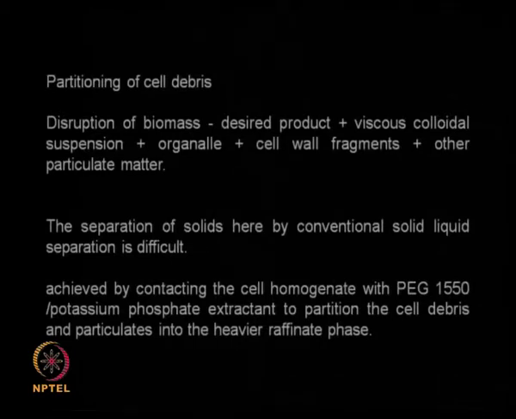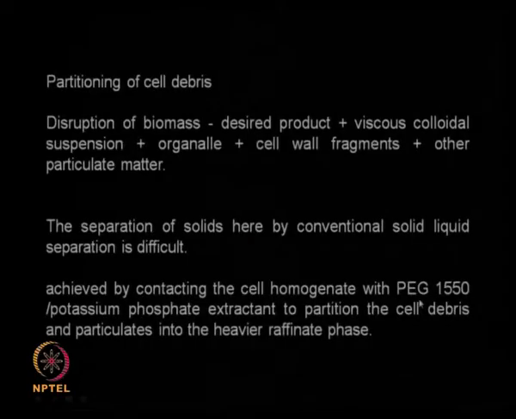You can use this type of aqueous system for partitioning of cell debris as well. So once I am disrupting a biomass because my product is intracellular, when I disrupt a biomass you are going to have desired product, you are going to have viscous colloidal suspension, organelle, cell wall fragments, other particulate matter, salts and so on. General solid liquid separation may be difficult. That means solid liquid separation, if you recall, we use a filter or we use a centrifuge, that may be difficult.